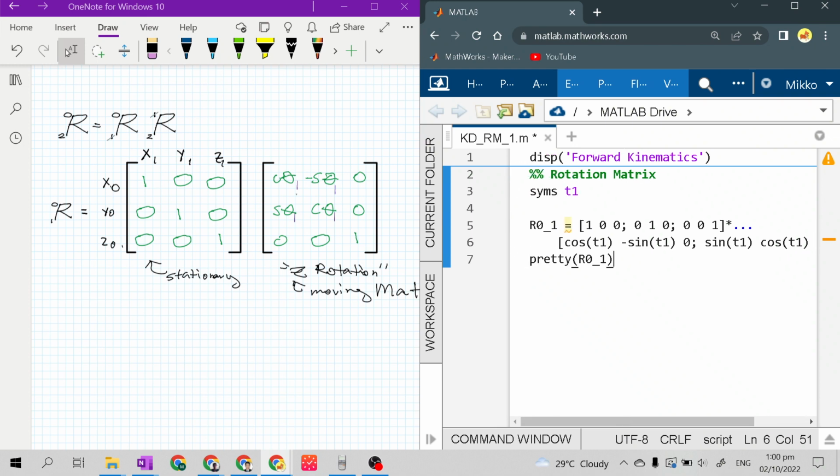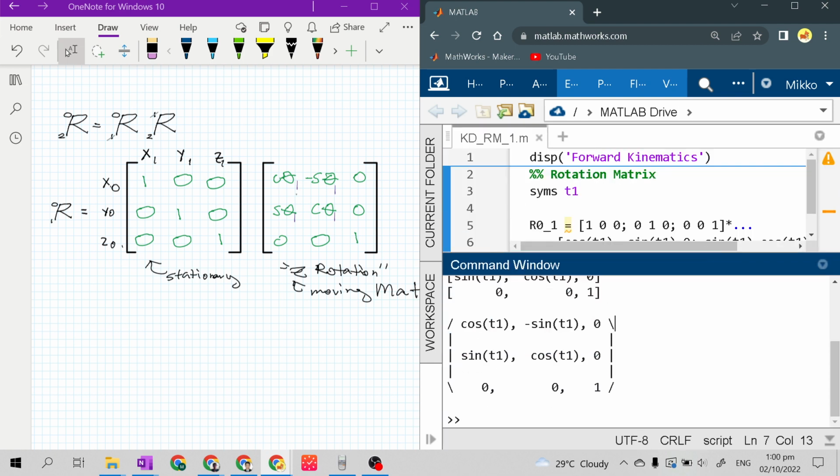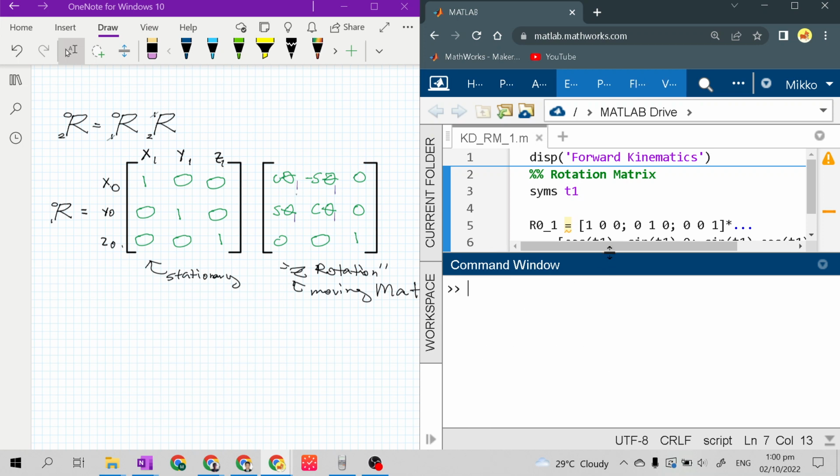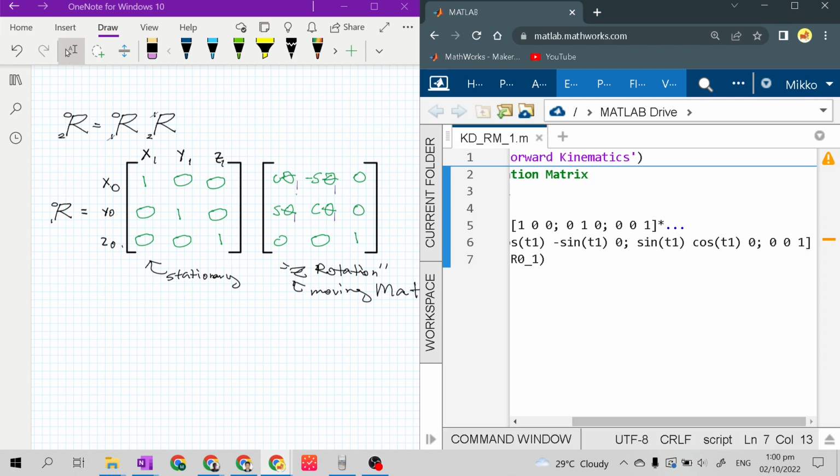So let's see the difference between a regular matrix and a prettified matrix. So this is the regular matrix and this is the prettified matrix. Okay. So let's put some semicolon. Sorry. So CLC. So let's put some semicolon after the R01 matrices.